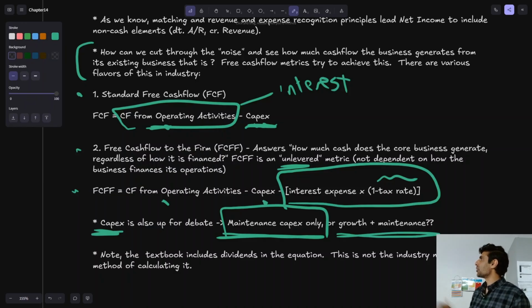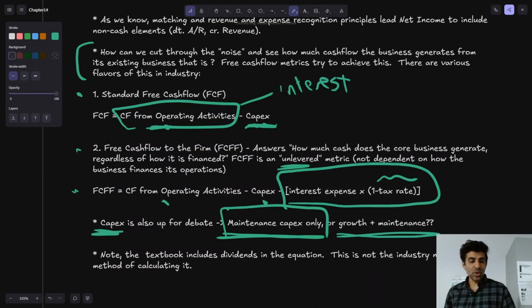Now, there are reasons why that may not be accurate, but it could be better than just using the investing section of the statement of cash flow. Because again, if a business is in growth phase, they may be investing a lot more. If a business is not managing well, they may not be investing enough to maintain the business. Their investing cash flow may be less than the depreciation expense.